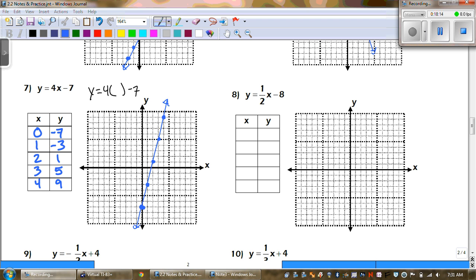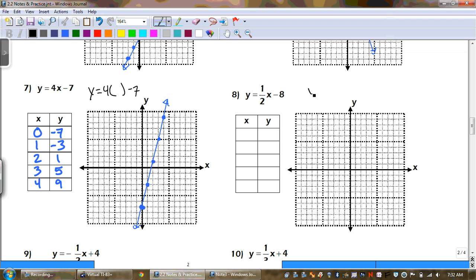Okay, number 8. Now, this is the first time that you're seeing a fraction in this, okay? And don't freak out because there's a fraction there, okay? Now, most of the time you'd start at 0, try -1, 1, and stuff like that.